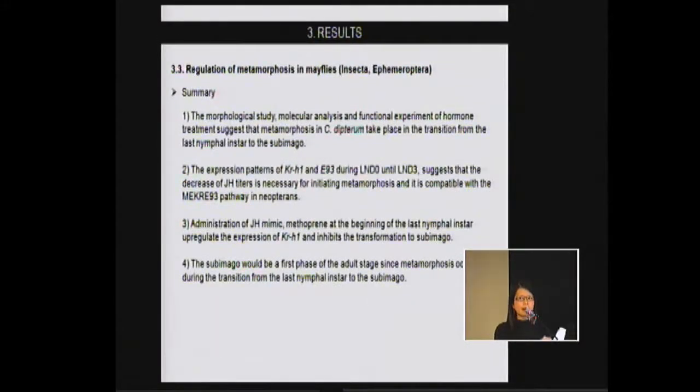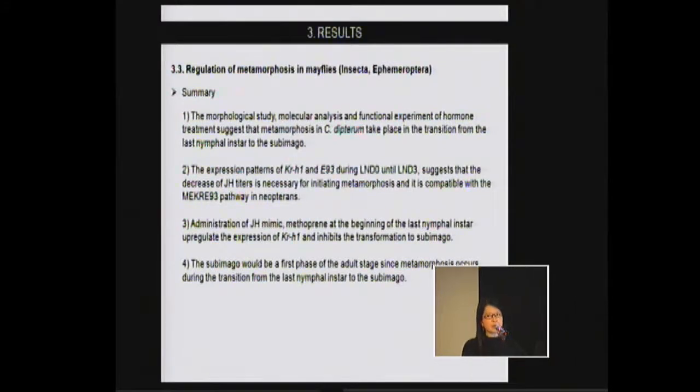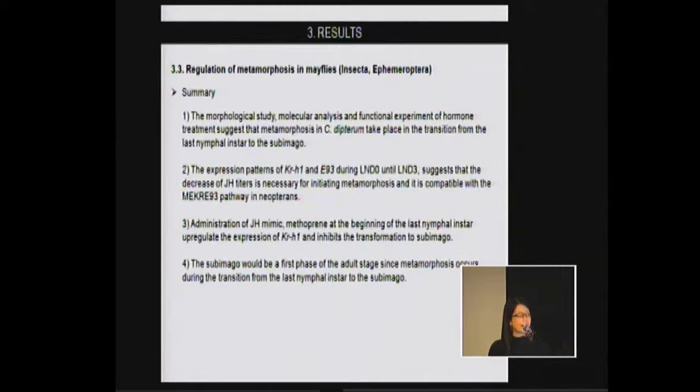And to summarize the results of this study, the morphological study, the molecular analysis, and also the functional experiment in hormone treatment suggest that the metamorphosis in Cloeon dipterum takes place at the transition from the last nymphal instar to subimago, because everything has changed, especially during the last 2 days of the last nymphal instar.